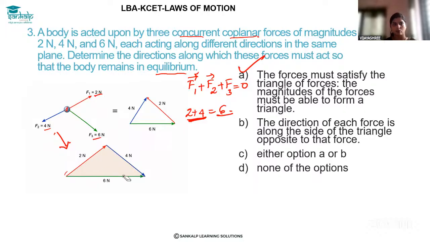So here you can see the force triangle. This is a force triangle. This is a triangle. So option B is also correct here.